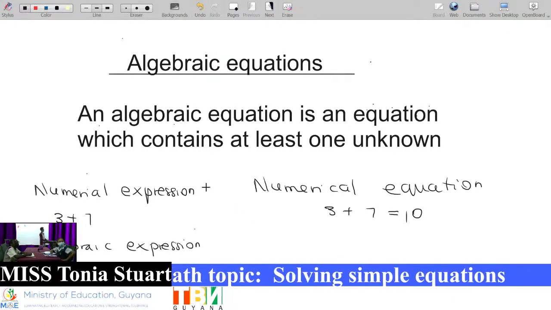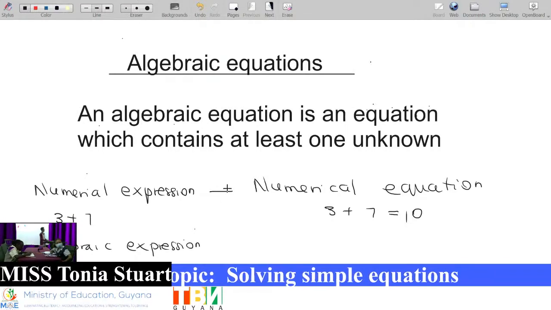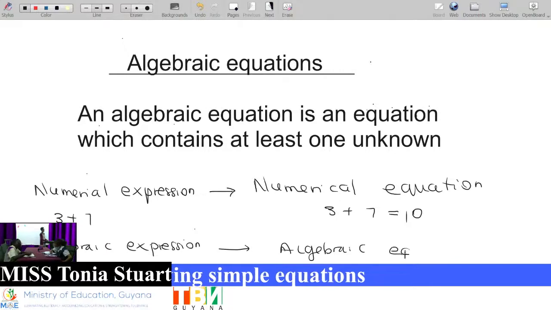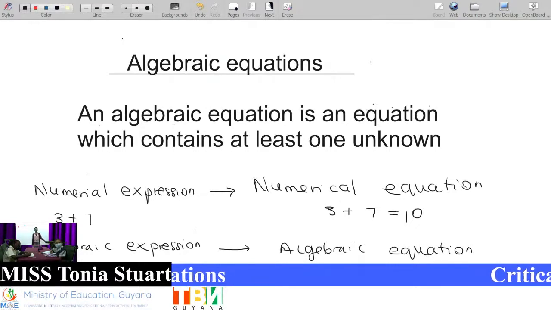So we can move from a numerical expression into a numerical equation, and from an algebraic expression to an algebraic equation. Here I'll have x plus 7 equals some value. So that's the difference.